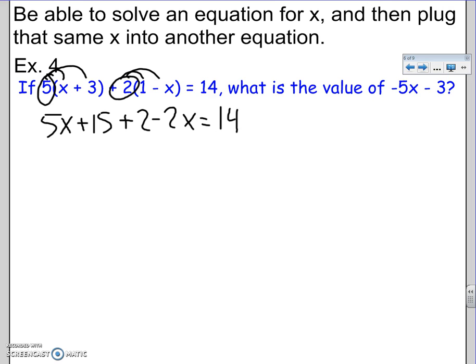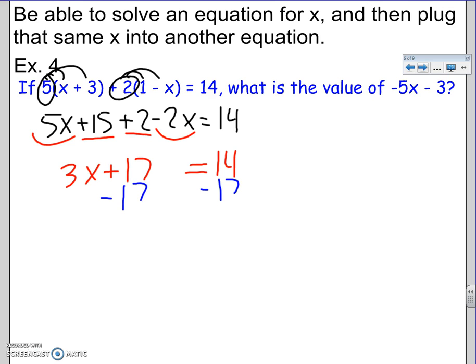I'm not going to say every single step, but combining terms. Subtract 17 to get x by itself. And divide.